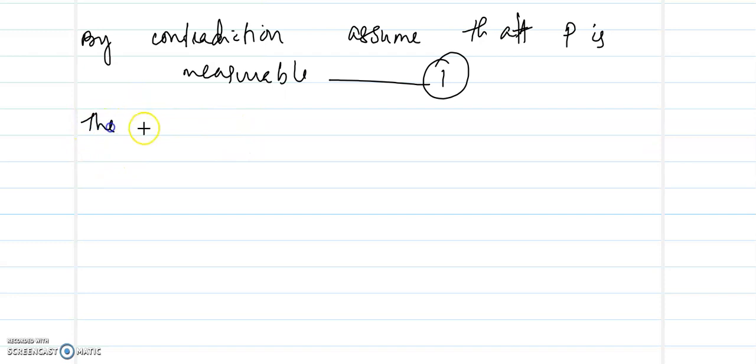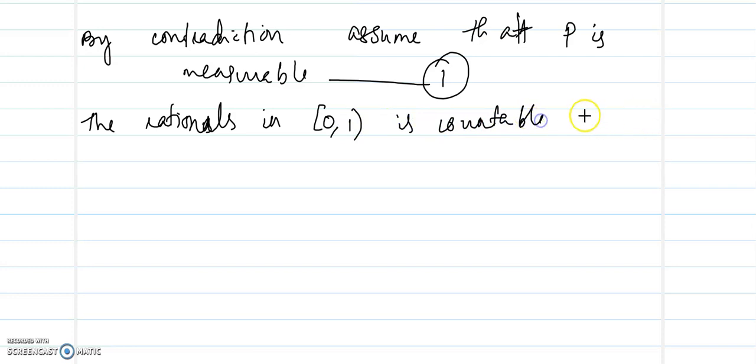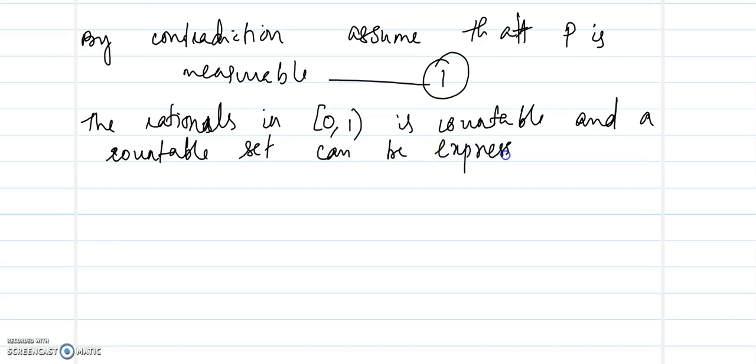So the rationals in the interval [0,1) is countable, and if a set is countable, it can be expressed as a sequence of distinct terms.